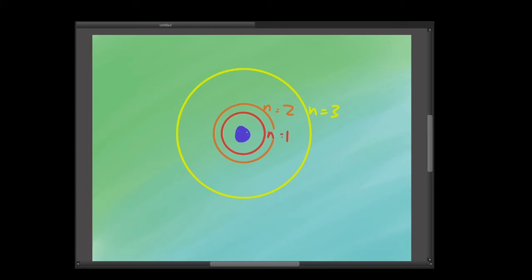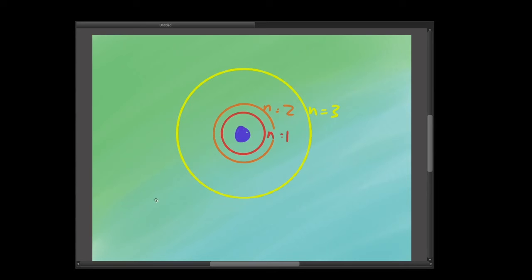Hopefully that wasn't too tough. Using the general formula we learned earlier, which was 2n squared, we substitute the value of n into the equation.